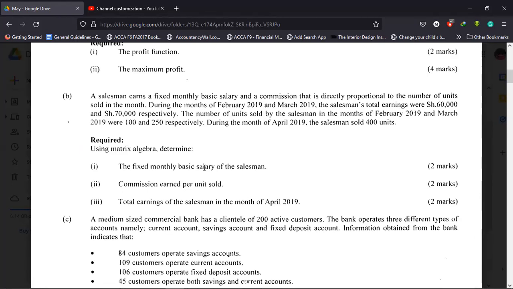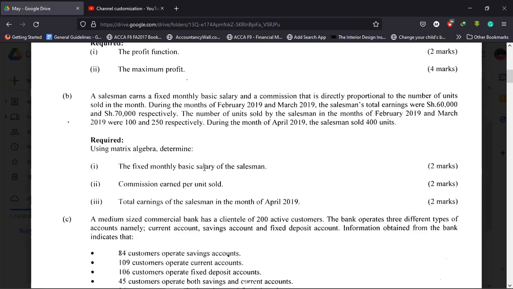A salesman earns a fixed monthly basic salary and a commission that is directly proportional to the number of units sold in the month. During the months of February 2019 and March 2019, the salesman's total earnings were 60,000 and 70,000 respectively. The number of units sold in February 2019 and March 2019 were 100 and 250 respectively.